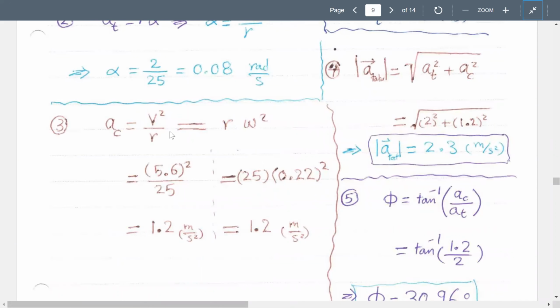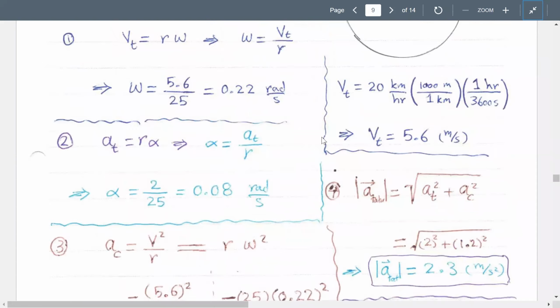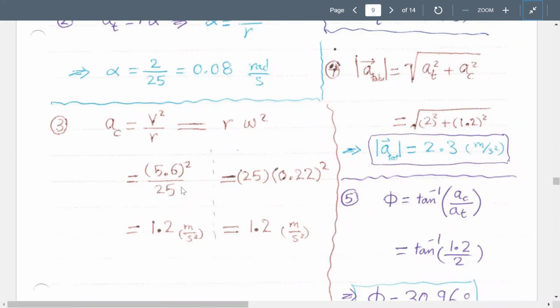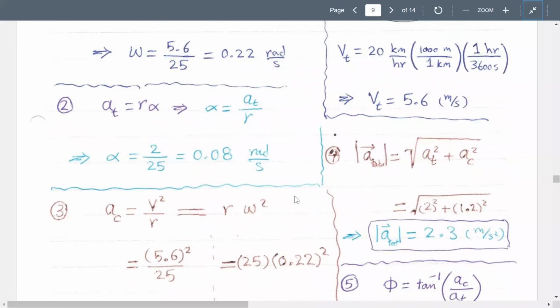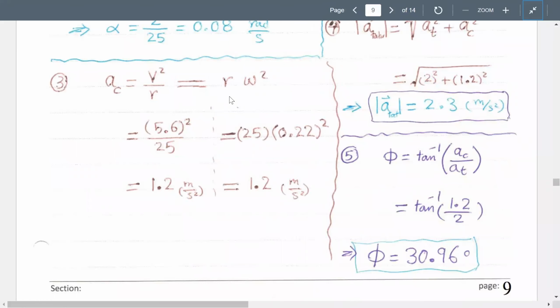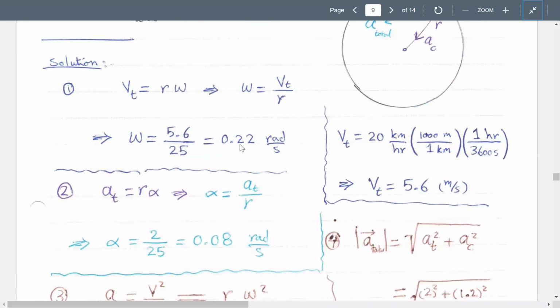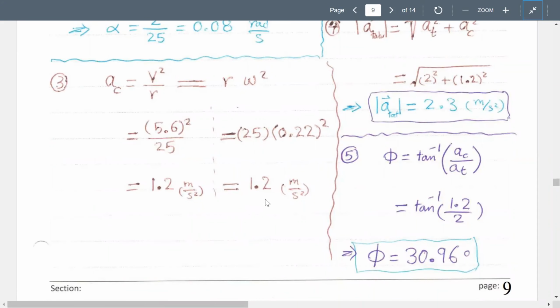V square over R, V we found it. This is V, 5.6. 5.6 square over 25, it will be 1.2 meters per second squared. This is the radial or centripetal acceleration, which is the acceleration toward the center. If we find it by R omega square, R is 25, omega is 0.22, we just found it. Squared, it will be 1.2 meters per second squared. It is the same.